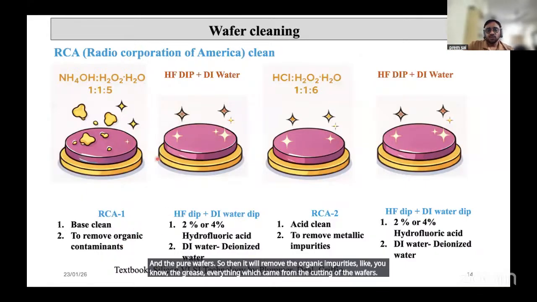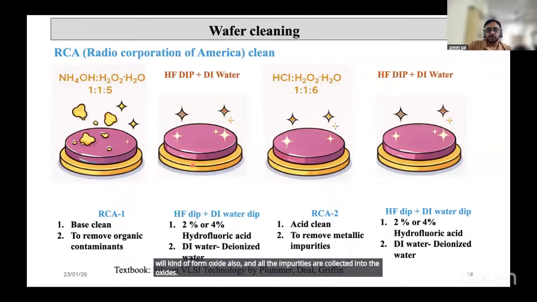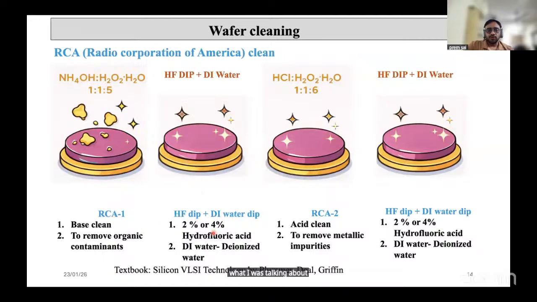Basically, this H2O2 will also form oxide, and all the impurities are collected into the oxides, what I was talking about before. So they will all be removed here. This step can only remove the organic impurities.